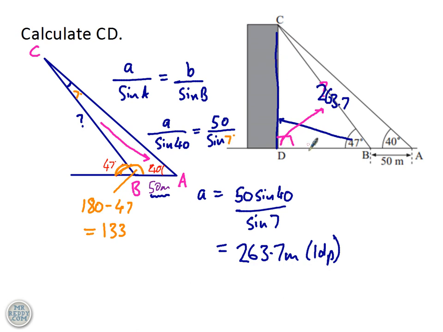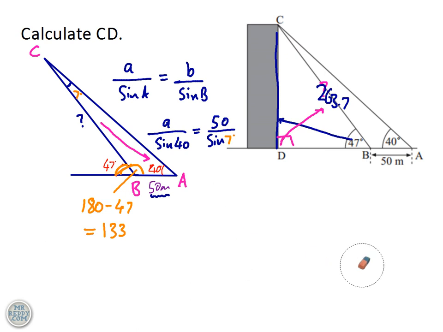This is a brick wall sitting on a floor, so we'll assume that that's at 90 degrees. And then if I was to use the sine rule, I would treat this as A and this is big A, and I would make this big B and this little b. So A over sine 47 equals, what does it equal?